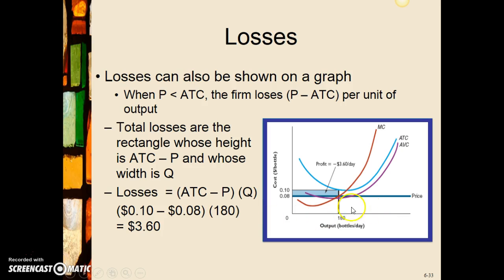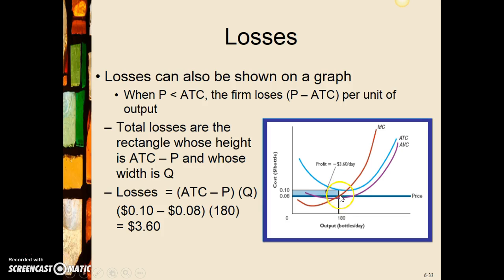So looking at these graphs, you can clearly tell where all your ranges are. If the price is above this level, then you know price is going to be above average total cost, and the profit will be positive. If the price is in between average variable cost and average total cost, somewhere in this range, the firm will make negative profit, but they will stay in business.